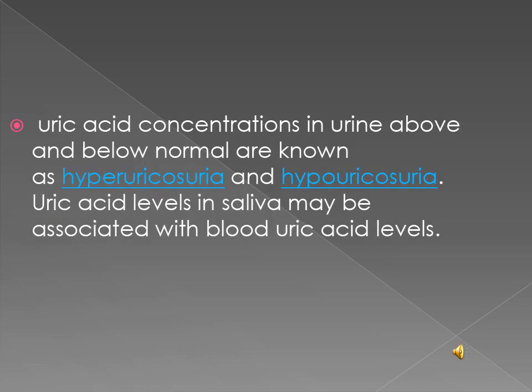Uric acid concentration in urine above normal is known as hyperuricosuria, and below normal is known as hypouricosuria. Uric acid levels in saliva may be associated with blood uric acid level.